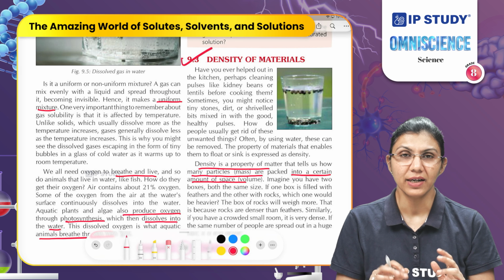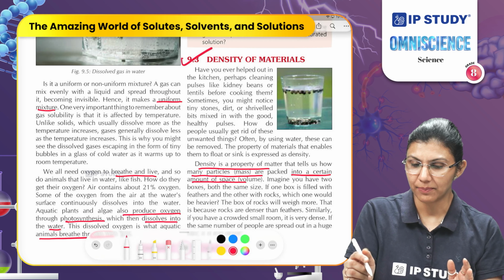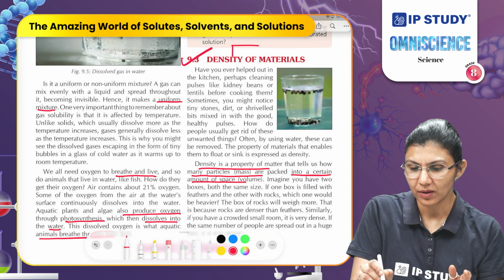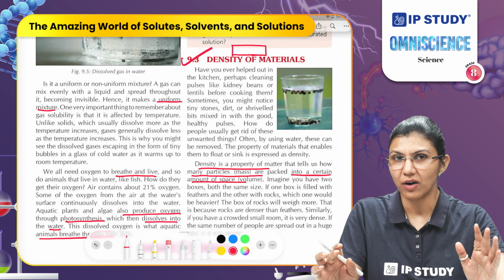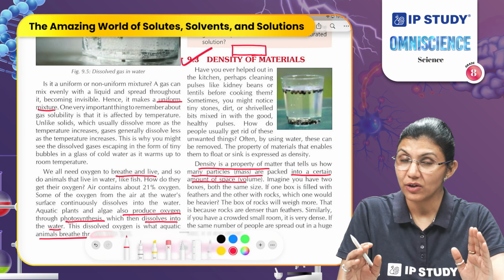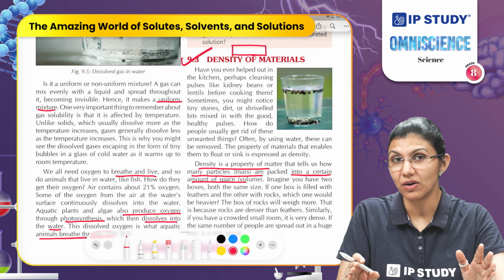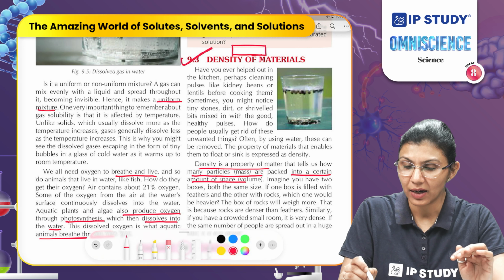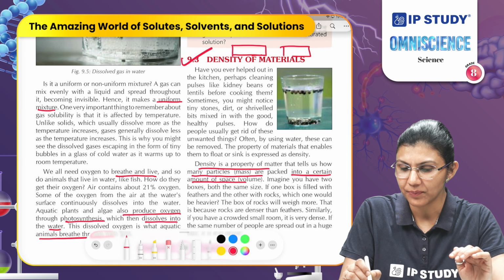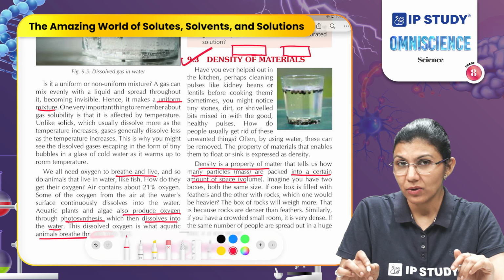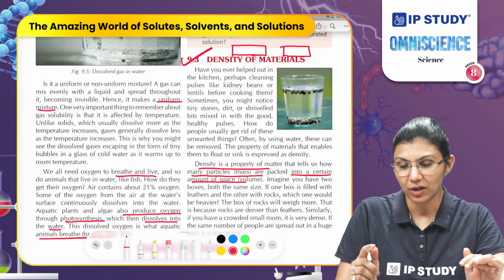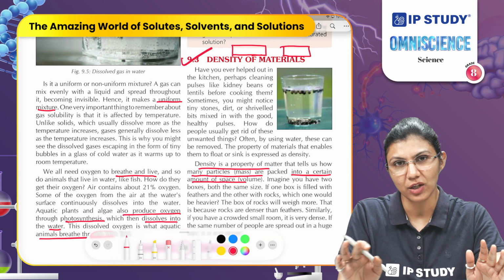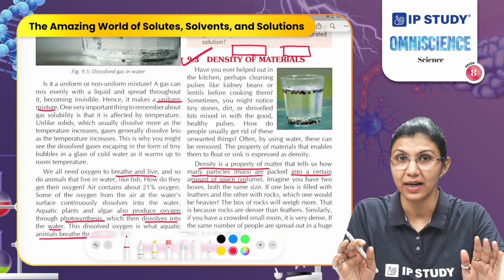So how are we describing it here? For example, if you take a small brick of sponge and a same-sized brick made of a metal like iron. We know whenever iron bricks are placed in the water, they settle at the bottom, but the sponge remains floating on the surface, though their sizes are the same.